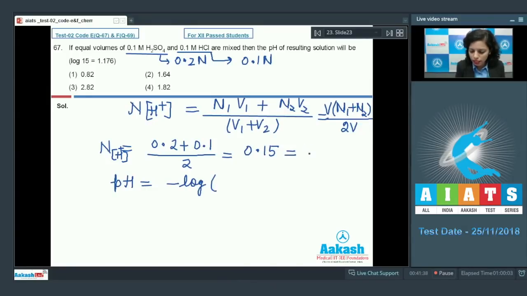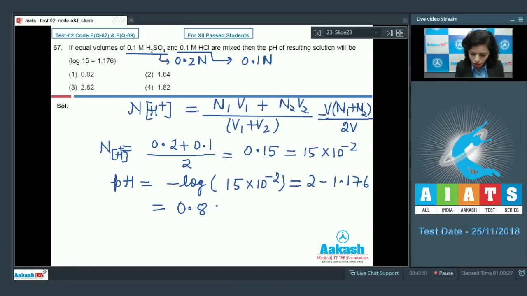This can also be written as 15 into 10 raised to the power minus 2. And on the basis of this, we can place this value here. And if you take log, you will find out it is 2 minus log 15. The value of log 15 is given as 1.176, and that is equal to 0.824. And if it is so, the correct answer is given in option 1, that is 0.82. I'll choose it as the correct option.